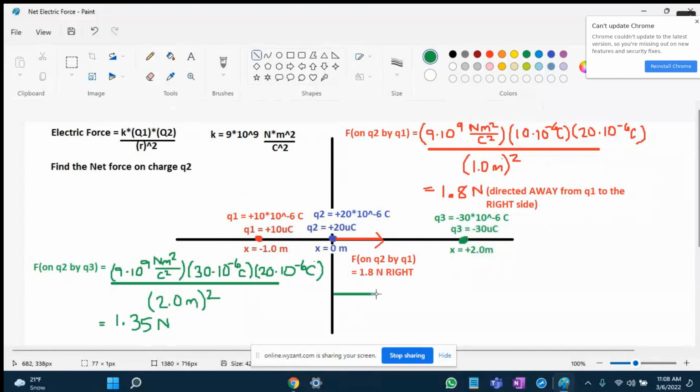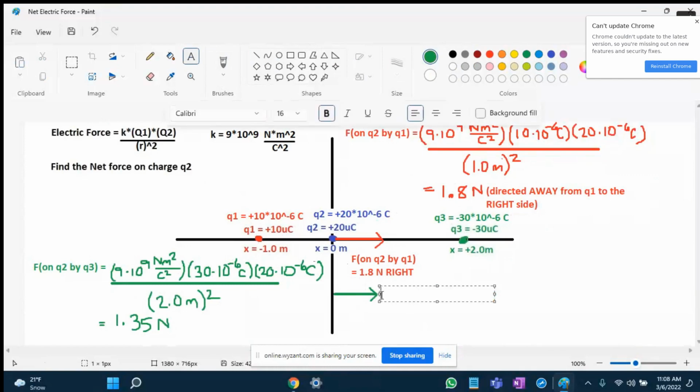So I'm just going to draw that vector right here. And this is going to be F on Q2 by Q3, which is 1.35 newtons to the right, directed towards Q3.